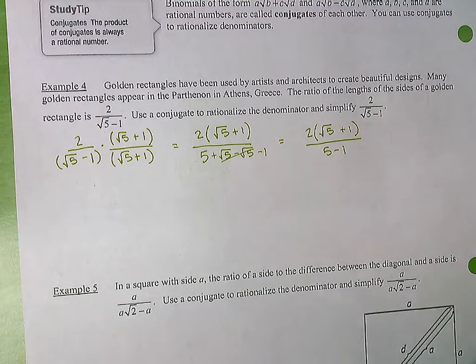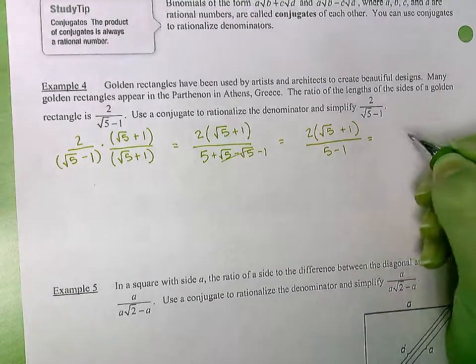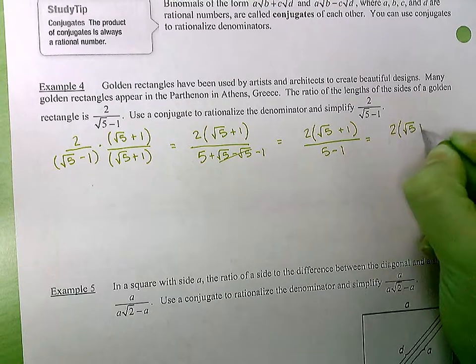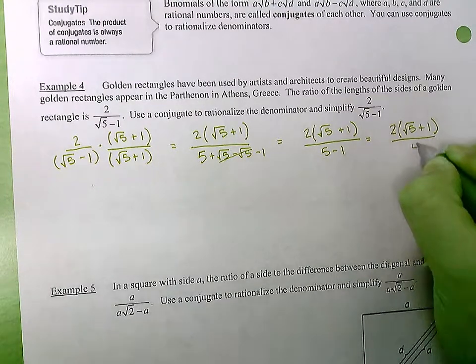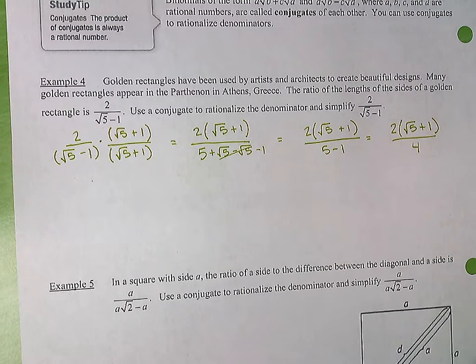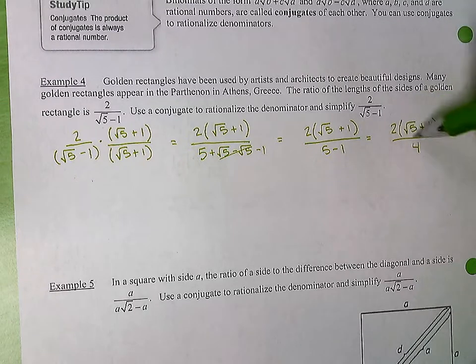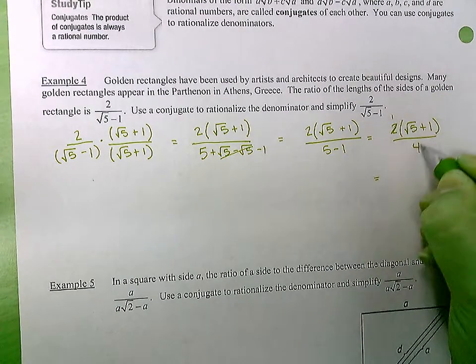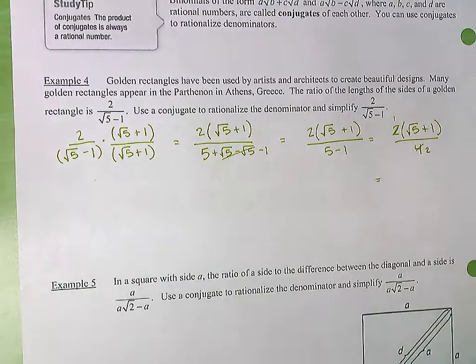If you wrote 4 right away, that's fine. So this is equal to 2 times the quantity square root of 5 plus 1 all over 4. Can I reduce that fraction? Yeah, you can. If I have 2 over 4, that 2 cancels to 1, and 4 will go to a 2.